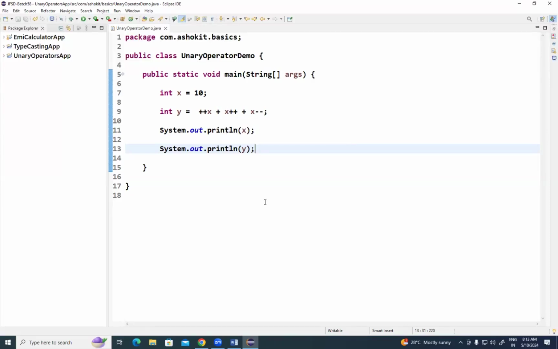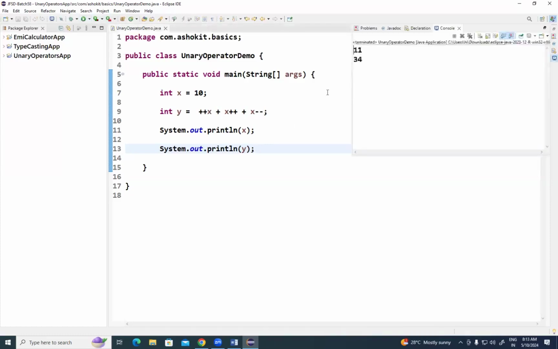Because if our assumption is wrong, then X value we are getting is correct only. How much X are we getting? 11, right? But for Y, what are we expecting? 32. But it's giving the result as 34.